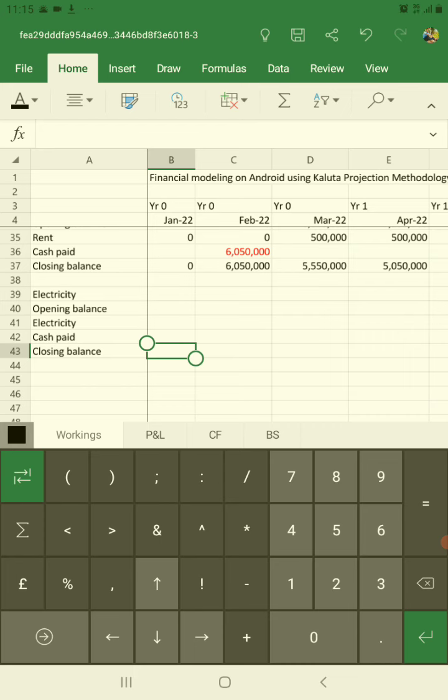Okay, so electricity, we pick these monthly electricity charges from the profit and loss account.